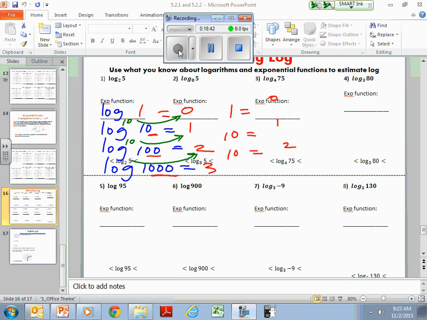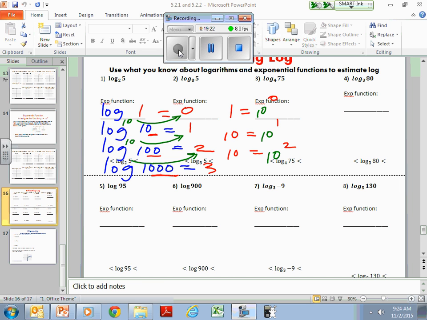Here it comes. So you got 10 to the 0 power, 10 to the 1 power, 10 to the 2 power. Logs are really all about exponents. The log base 10 of 1 has to be 0. In other words, 0 is the exponent that would get me the 1 if I raise 10 to that power. 1 is the exponent that would get me a 10 if I raise 10 to that power. 2 is the power that would get me a 100 if I raise 10 to that power.